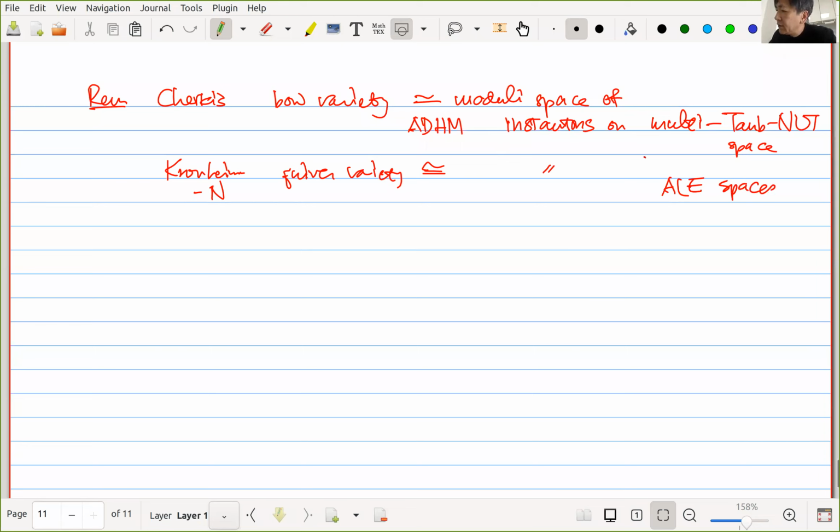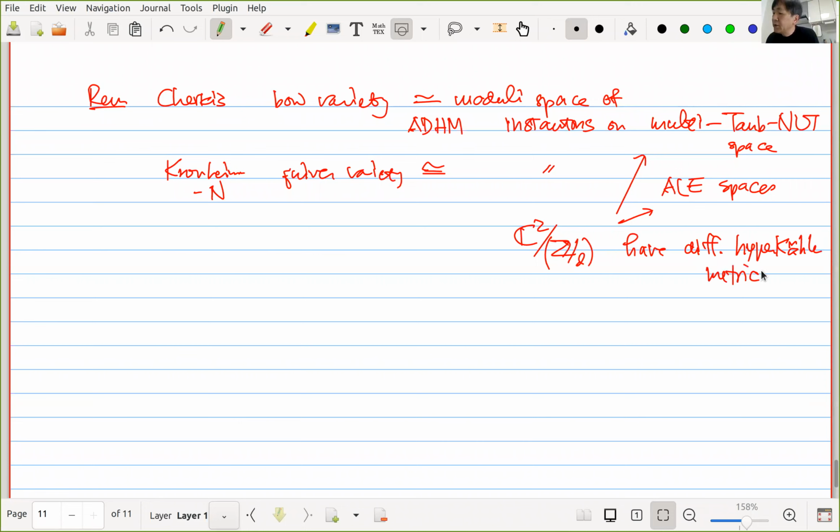So both are C^2 divided by a cyclic group, but Taub-NUT and ALE spaces have different hyperkähler geometry. So in particular, if you consider the corresponding instantons on multi-Taub-NUT and ALE spaces, they have different boundary behavior.